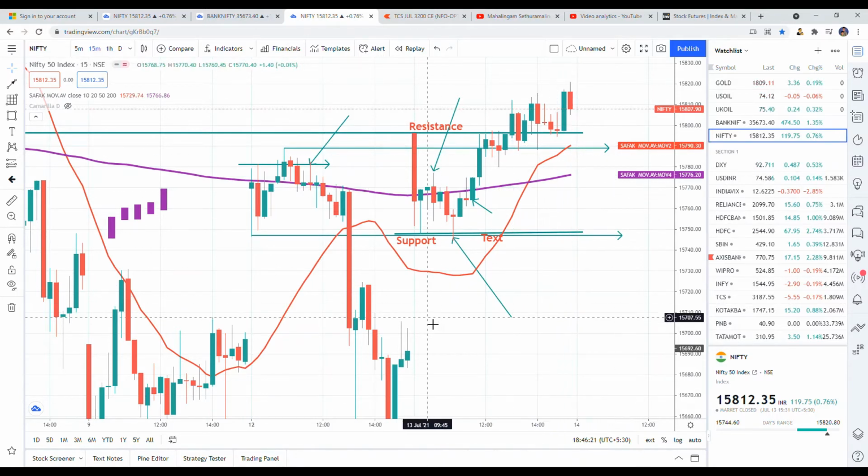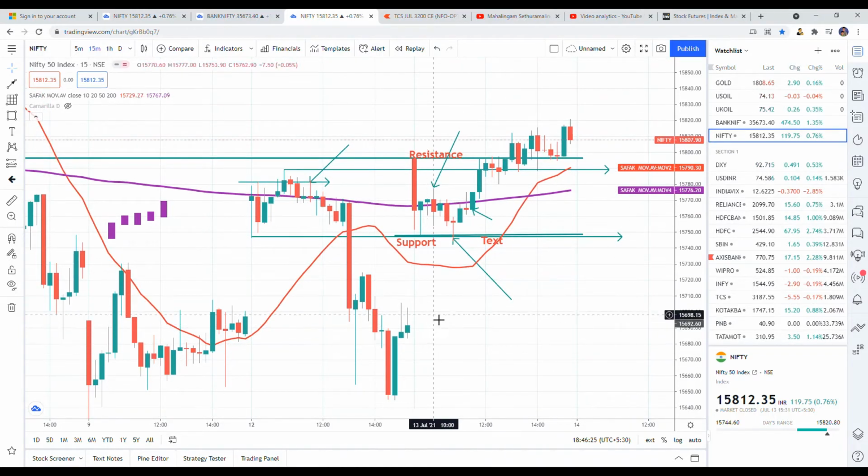Now you can see this 15 minutes after the gap up on 13th July, the price did not even touch your 20 moving average. So that is the first confirmation that the bullish bias is intact. Then this is your 200 moving average.